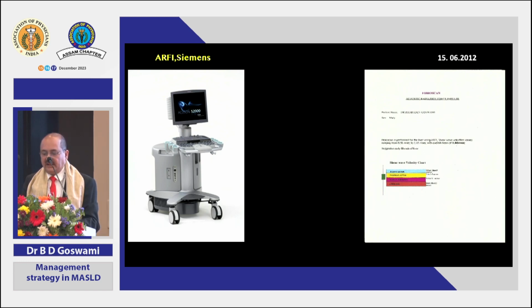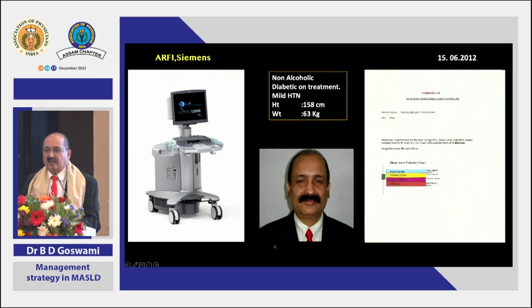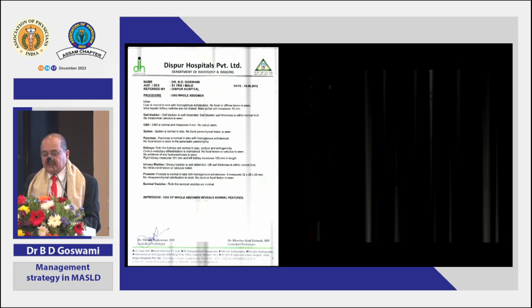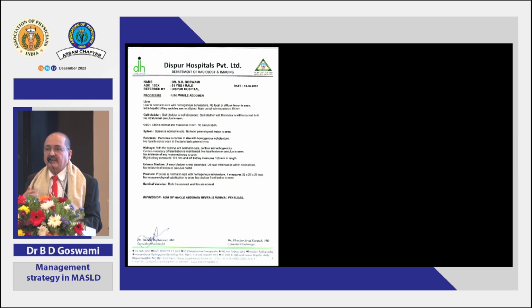We checked it, and it clearly showed that I have liver fibrosis, early fibrosis. That time, my weight was not so high. I was diabetic, I was hypertensive, but well maintained. So next, I checked the liver with ultrasound, next day itself. And it was showing a normal liver, no changes at all.